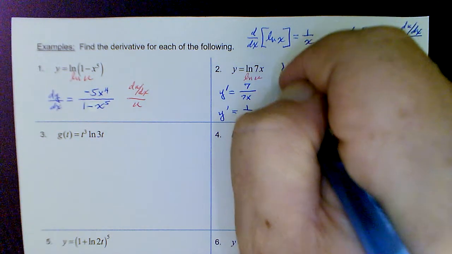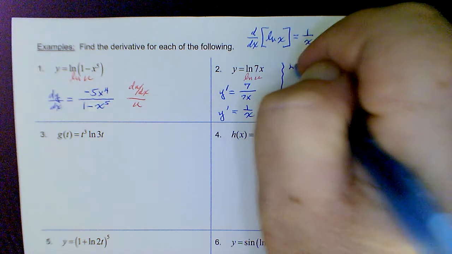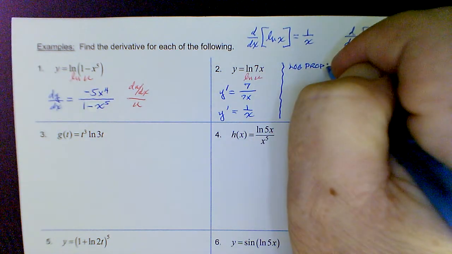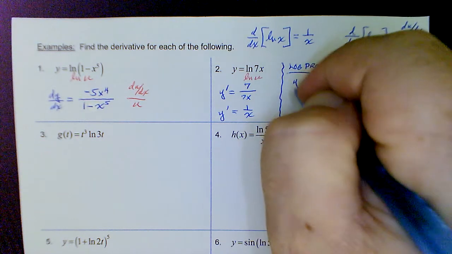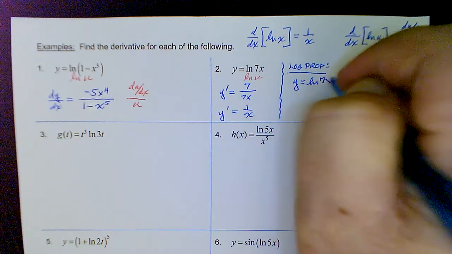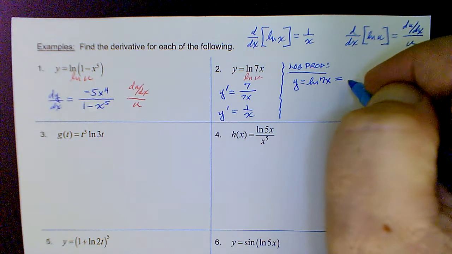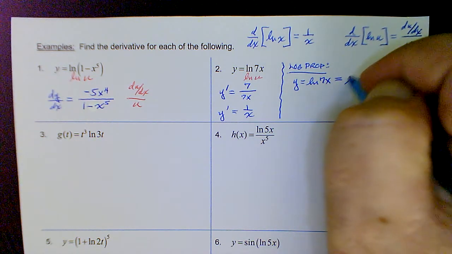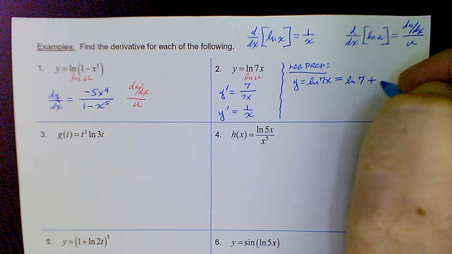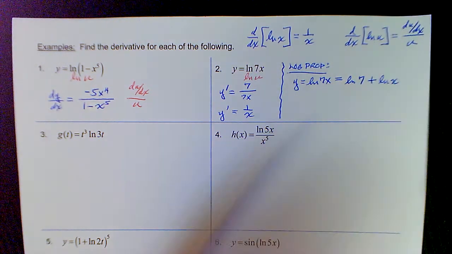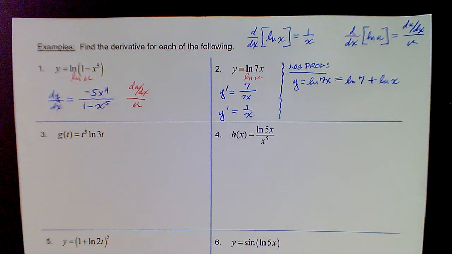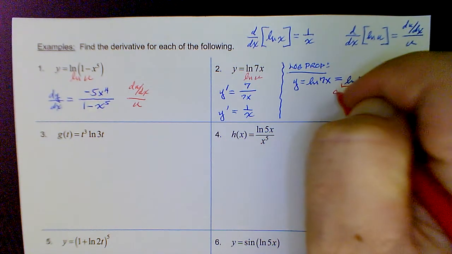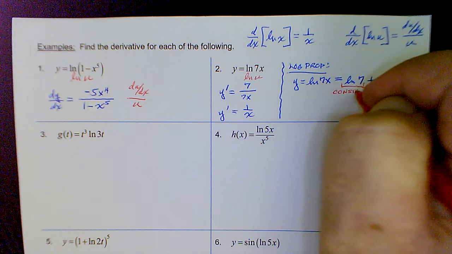Now, alternatively, I just want to show you this. If you did use log properties first, then y equaling natural log of 7x, you could treat the 7 as the m and the x as the n, and then this would be the natural log of 7 plus the natural log of x. But then the natural log of 7 is just a number, or in other words, it's a constant.